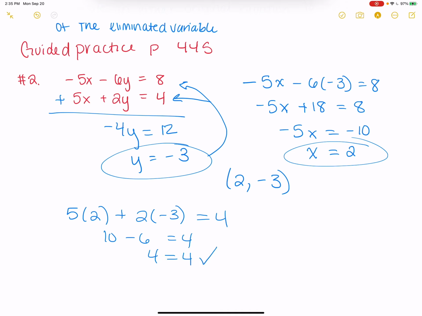And so I'm just going to check the one, because most of the time if it works in one, it's going to work in both. So I'm just going to check the one for these ones. Let's see. Any questions about that one? Okay, so far. All right.